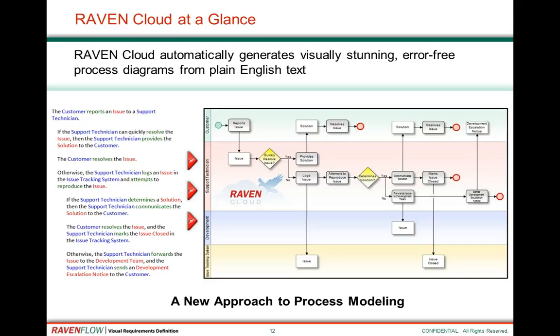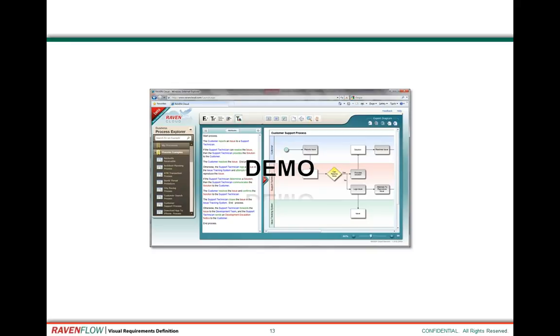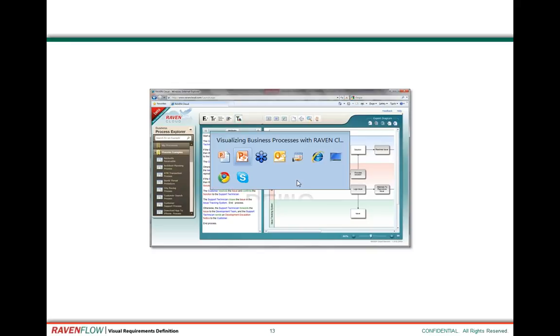Raven Cloud fundamentally introduces a new paradigm for modeling business processes that helps overcome some of those issues we reviewed earlier in the surveys: the challenge of visualization, diagram layout, and logical review. That's what we're all about here at Ravenflow.